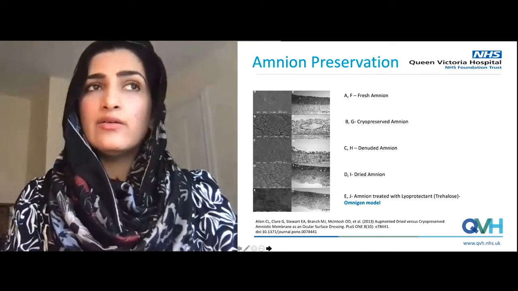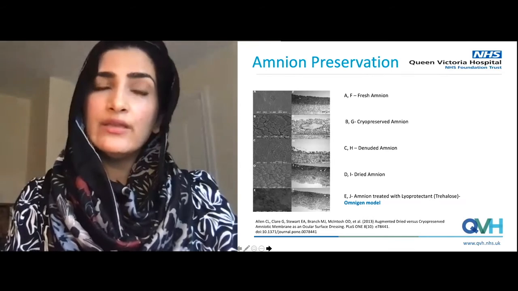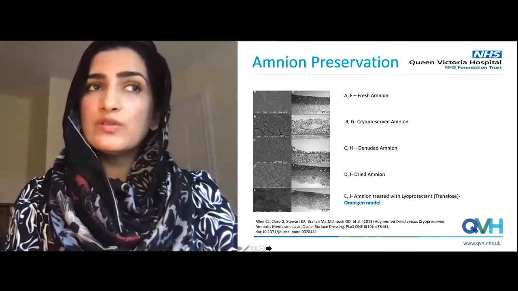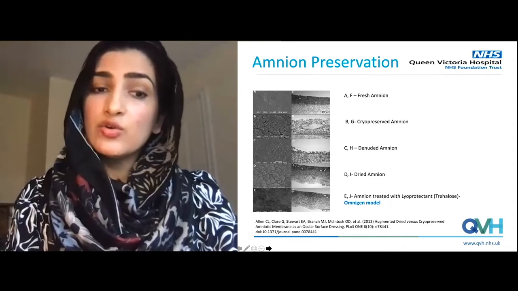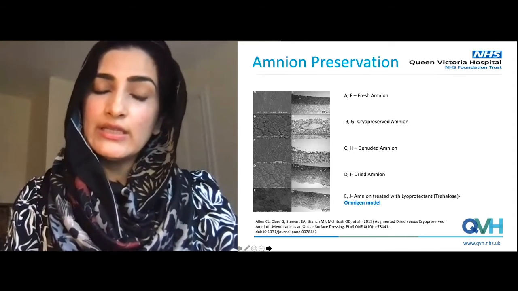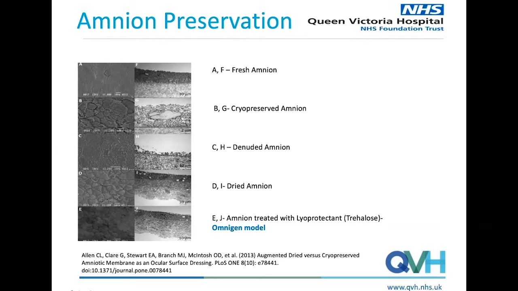Since its wide use in the 1990s, there have been different ways of preserving the amniotic membrane so that it keeps all its good properties to provide the healing component to the ocular surface. The most commonly used preservation method is cryopreservation, which is done at minus 80 degrees with treatment of Eagle medium, followed by dehydration.